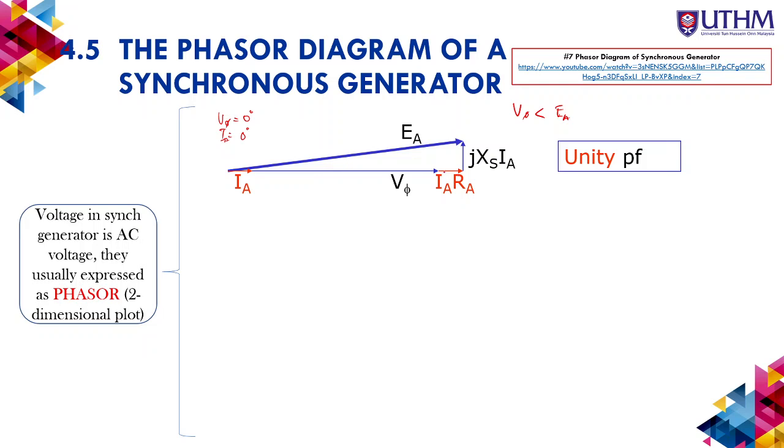Okay, so macam ni kita nak tengok ni kan. So ni length of IA tu, IA multiplied with R. Okay, and then the reactance normally will lead at 90 degree.